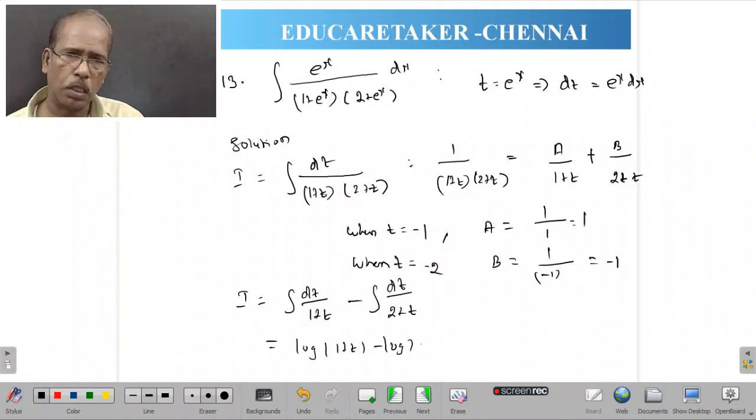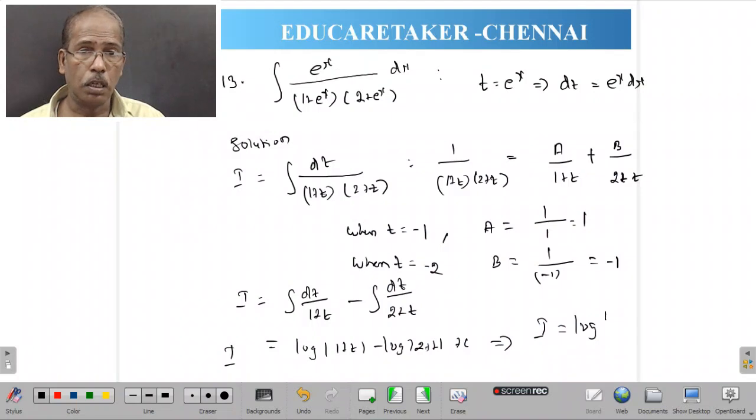The second one is 2 plus t. So the result is log mod of, with t as e power x, e power x plus 1 over e power x plus 2, with the integral constant.